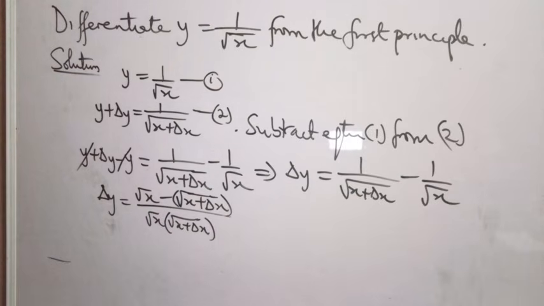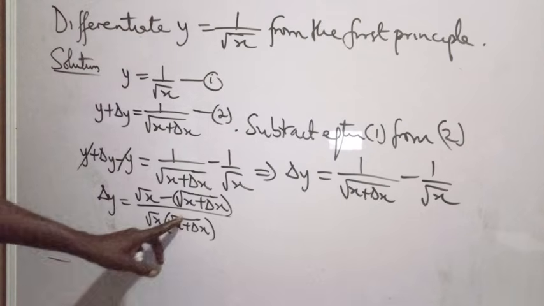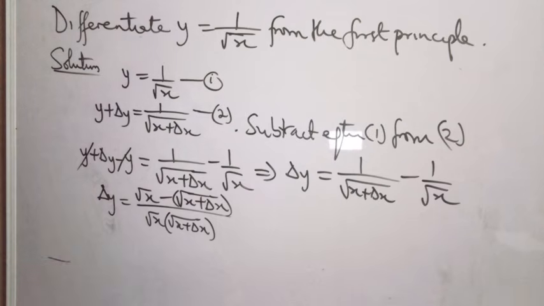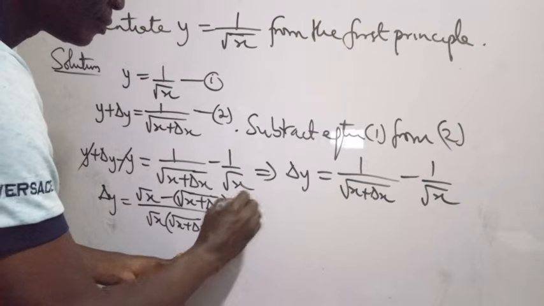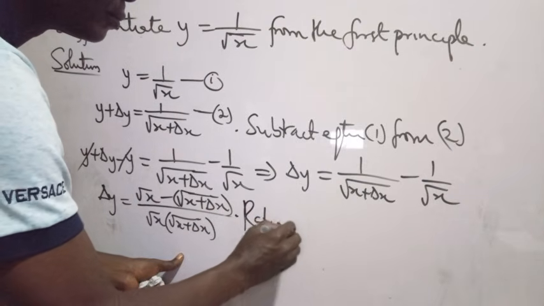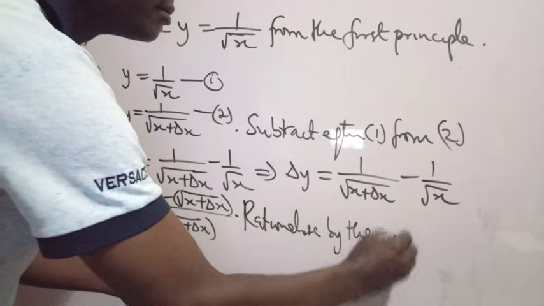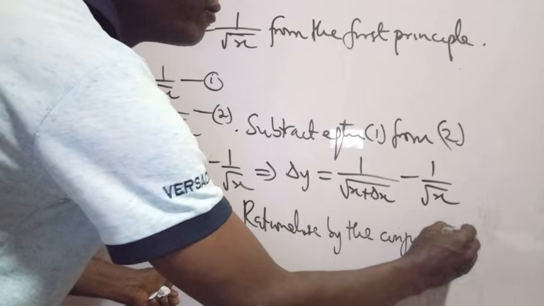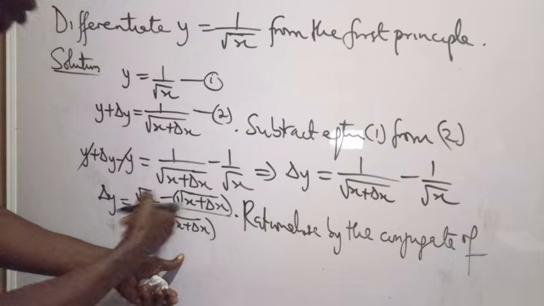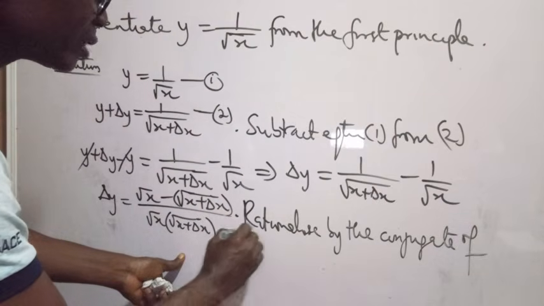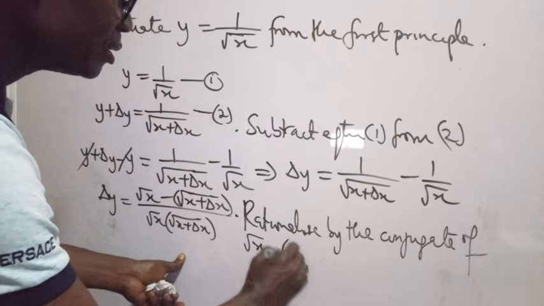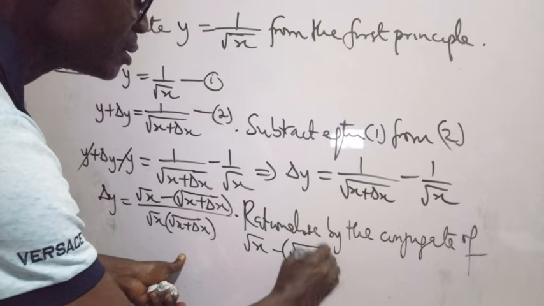Okay, so now how do we go about this? We have to rationalize. Why? Because we are having irrational surds, roots here, in fact roots everywhere. So we rationalize by the conjugate of the numerator, which is root x minus root of x plus delta x.